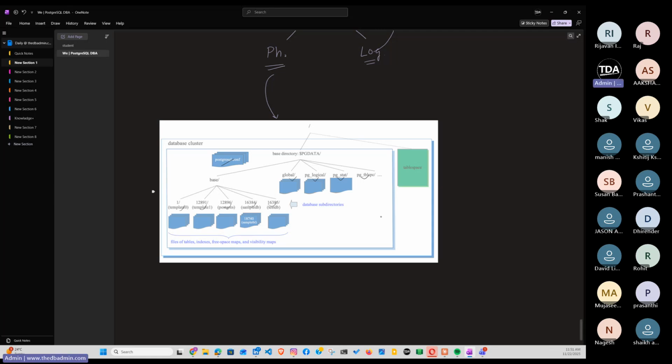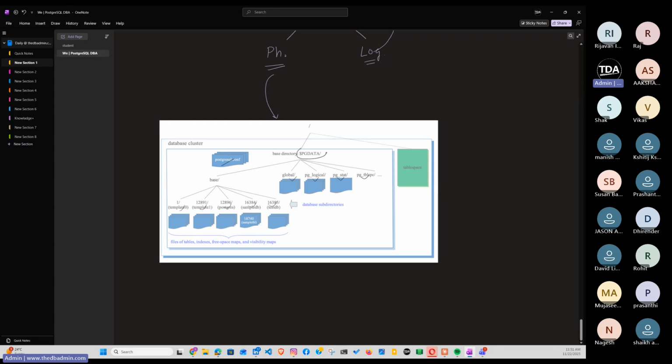Is this clear at least? Physical and logical structure. The simple meaning of physical is I have installed Postgres, and under my Postgres directory, if I can see any file, any configuration file, text file, that comes under the physical structure of my database.